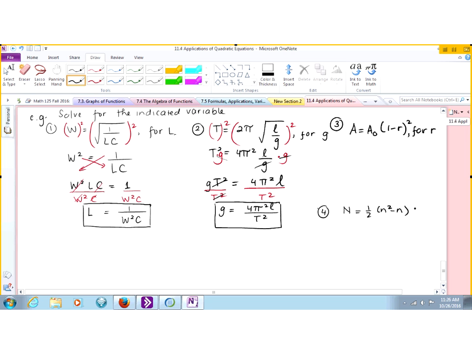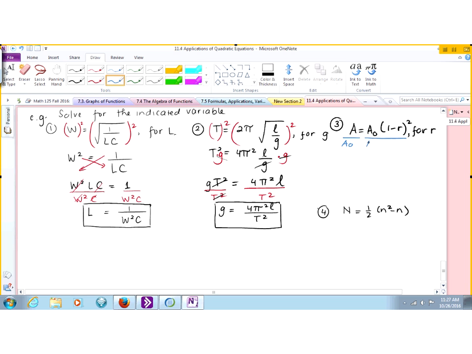So what would you do to solve for R? Square root both sides. What would you do? So this is a perfect square, isn't it? 1 minus R. So what we could do is what?